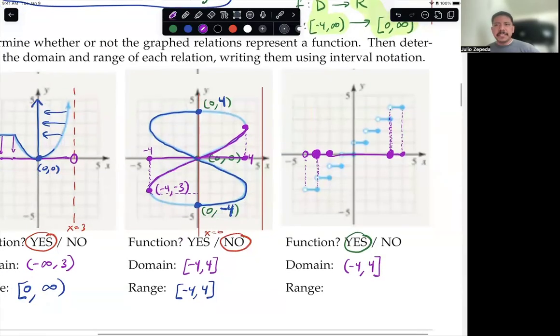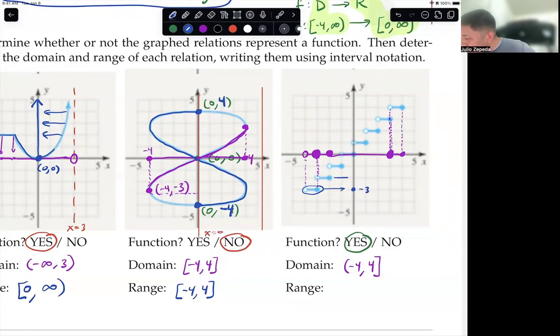Now the range, what is the range? This one's a little bit trickier. Well, actually, the range is going to be if we map all of these points here to the y-axis, they all have the same y value, so that would just get mapped to the same point. That would be a y value of -3. And all of these points have the same y value, so they would get mapped to the y value of -2.